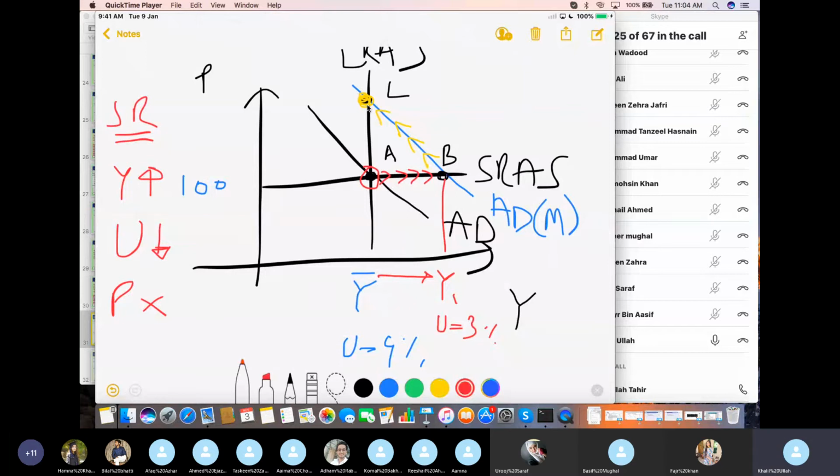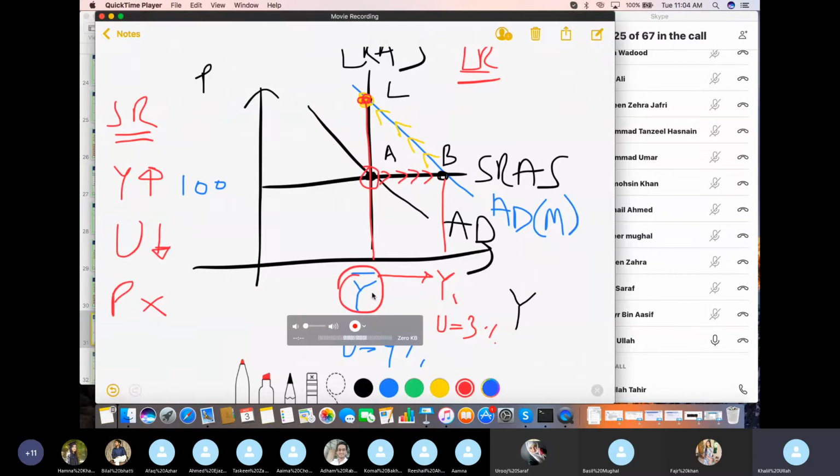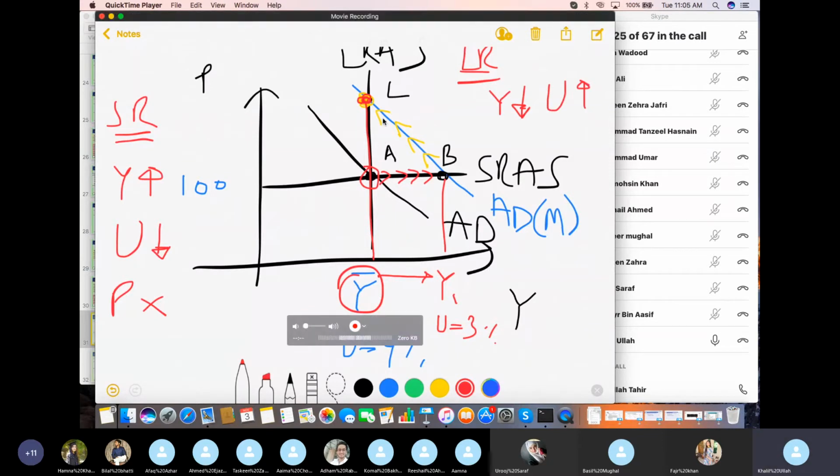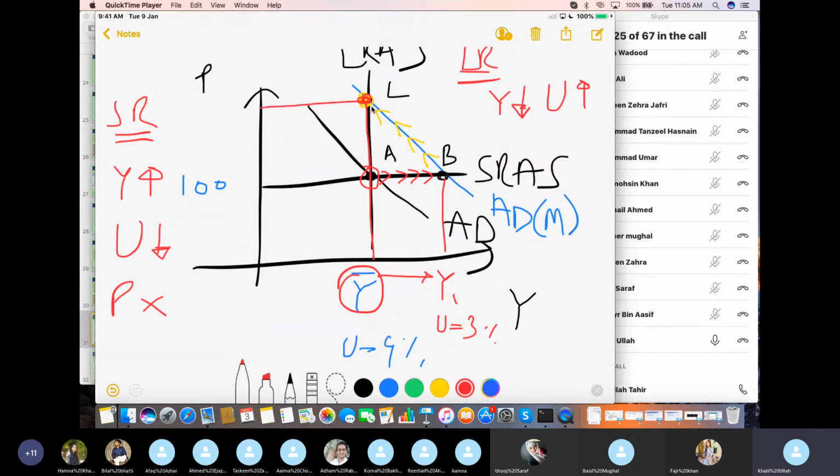In the long run, GDP is now, if you go down over here, Y bar again. So in the long run, GDP has fallen. And when GDP falls, you need fewer people to work for you. So unemployment increases again and it's back to its natural rate. What happens to prices over here at point L? At point L, the price level is now, say, 200. So in the long run, prices increase.